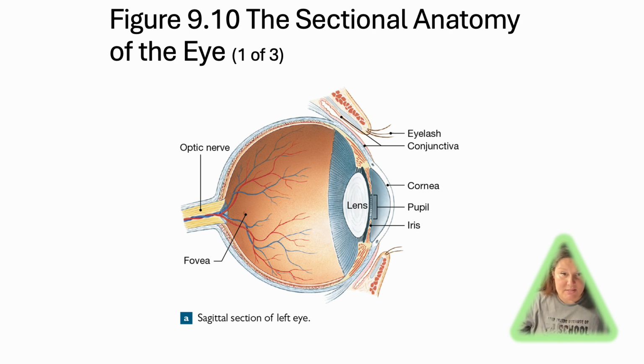So the sclera is thicker on the posterior side, and then as it becomes anterior, it becomes thinner, and it becomes known as the cornea in the front part where the light will enter in the eye. So if I were to ask what is the layer that is continuous that becomes the cornea, you would say the sclera.